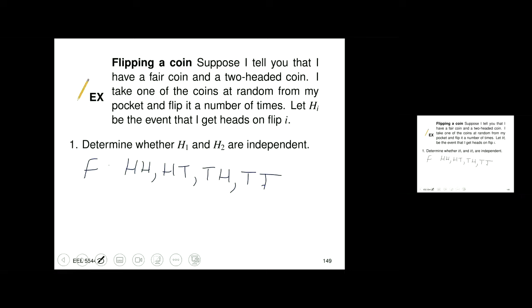But remember, in this problem, we also have an unfair coin. So for that, I'll label one of the faces H sub A and the other face H sub B. So if we have the unfair coin, then we have H sub A H sub A, H sub B H sub B, H sub A H sub B, and H sub B H sub A.